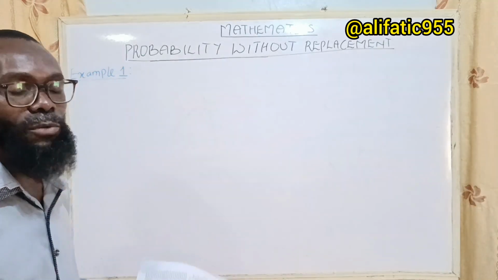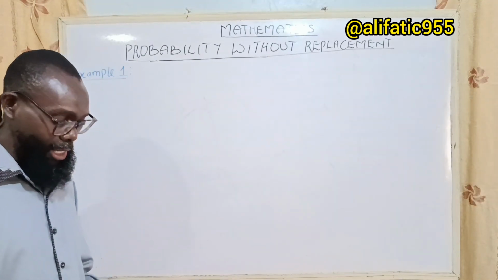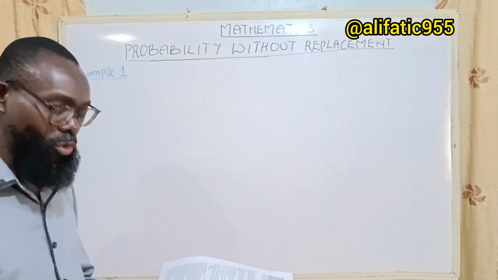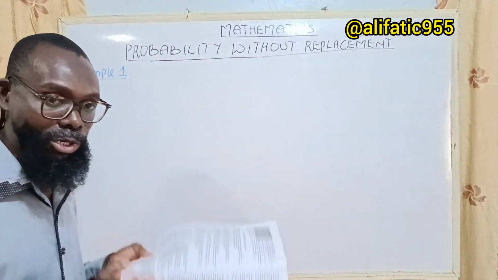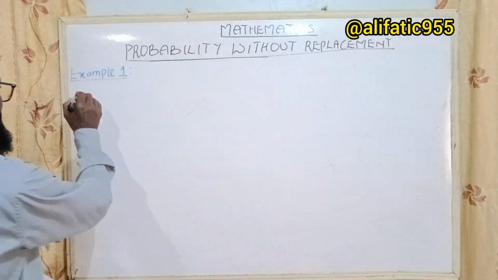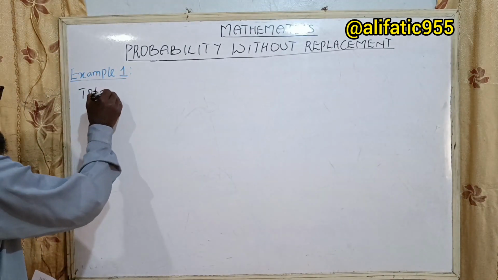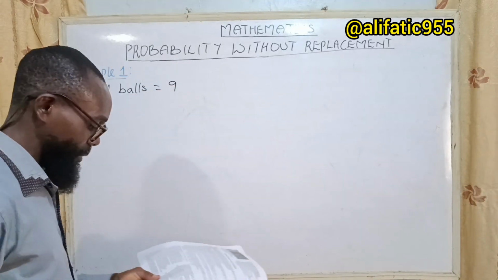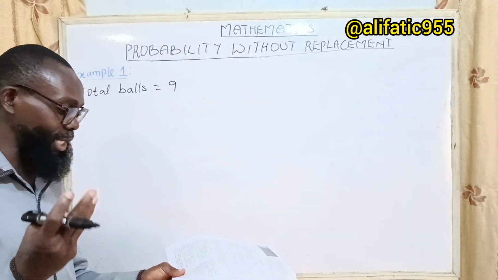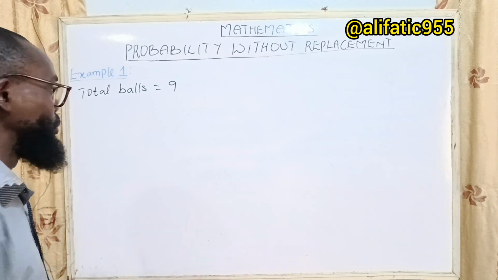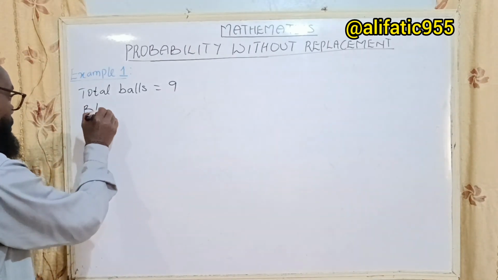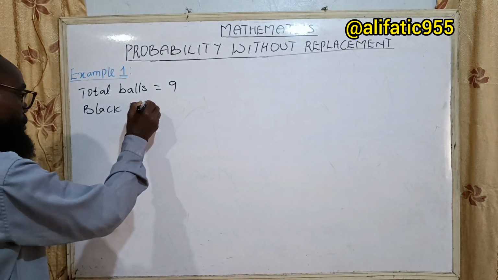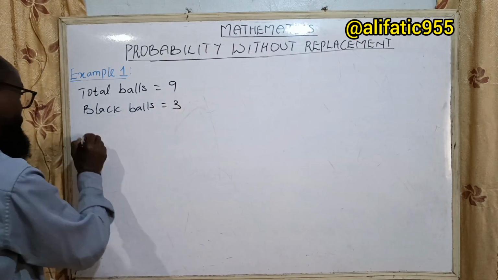Back to the interpretation of this question now. A man has 9 identical balls. Total number of balls that we have, there are 9. Total balls equals 9. Out of these, 3 are black, 2 are blue. Black balls, 3.